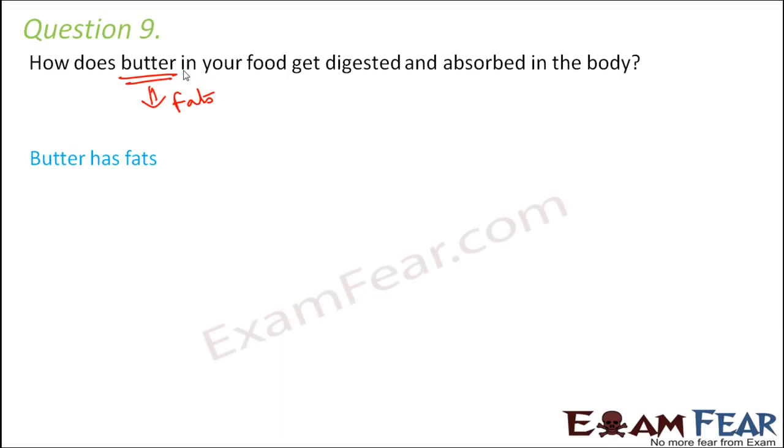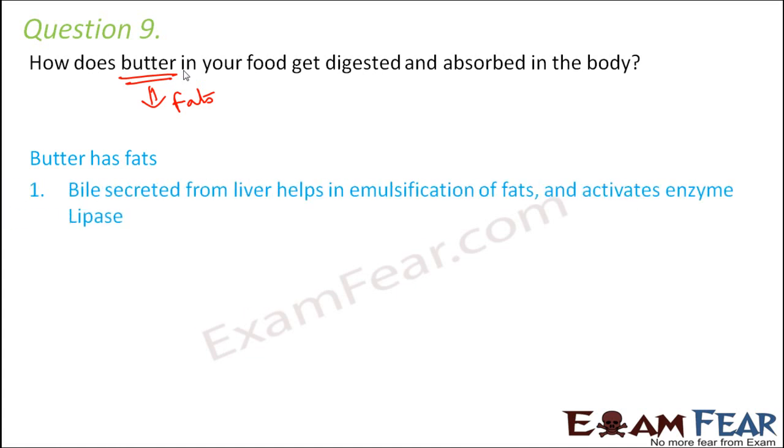And in the stomach, only a little bit of digestion takes place, because a small amount of lipase is secreted by the gastric glands. Most of the fat digestion takes place in the intestine in the presence of the pancreatic enzyme lipase. Bile secreted from the liver helps in emulsification of fats, so it breaks down fats into smaller molecules and also activates the enzyme lipase.